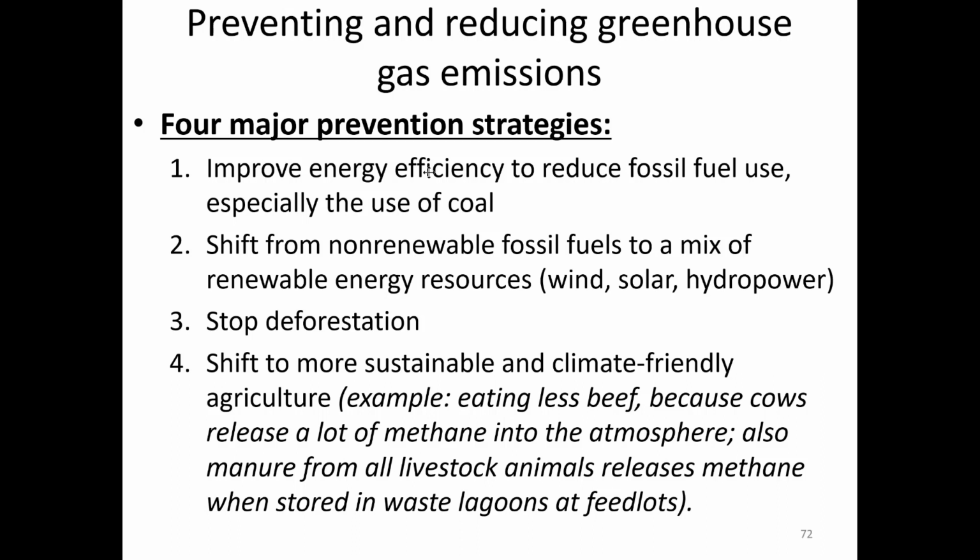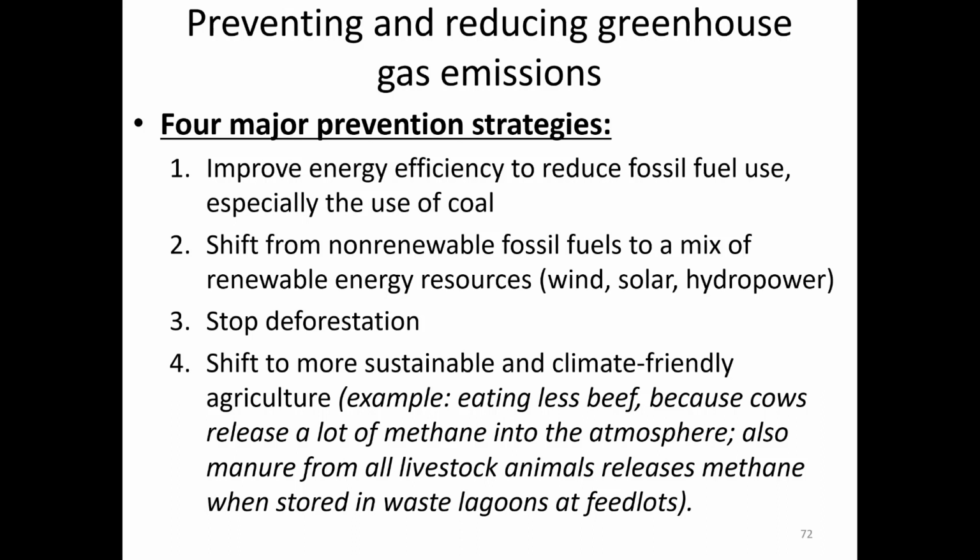Shift from non-renewable fossil fuels to a mix of renewable energy resources like wind, solar power, hydropower. Stop deforestation. And a lot of that has to do with us needing the trees and other plants in forests that help absorb carbon dioxide from the atmosphere as part of photosynthesis.